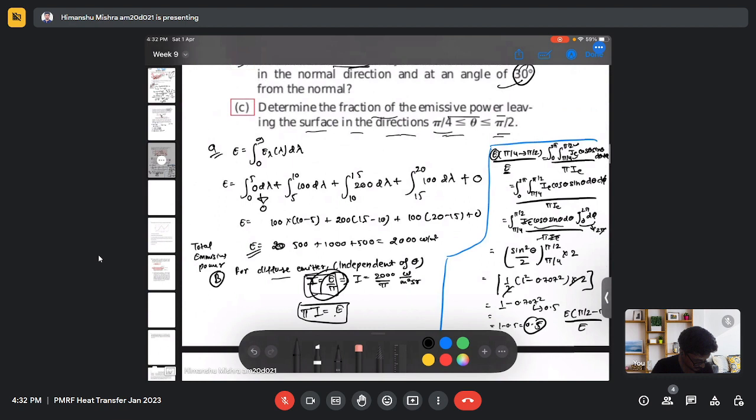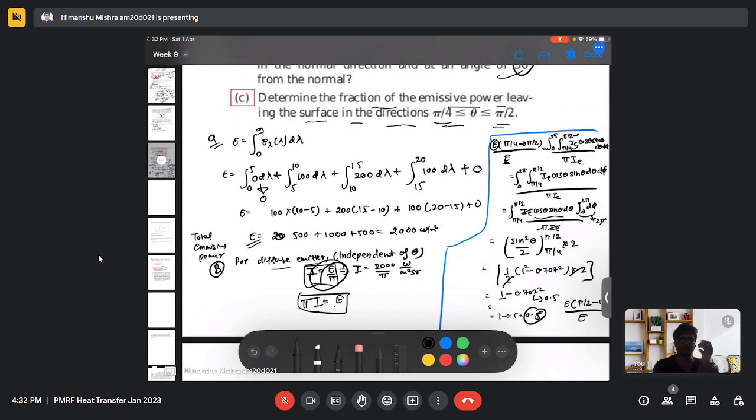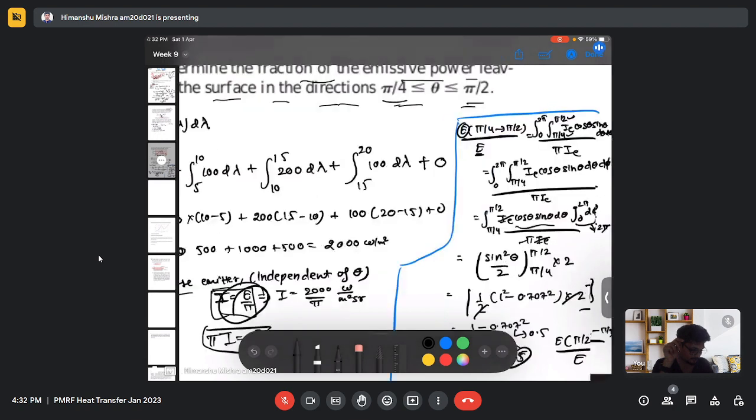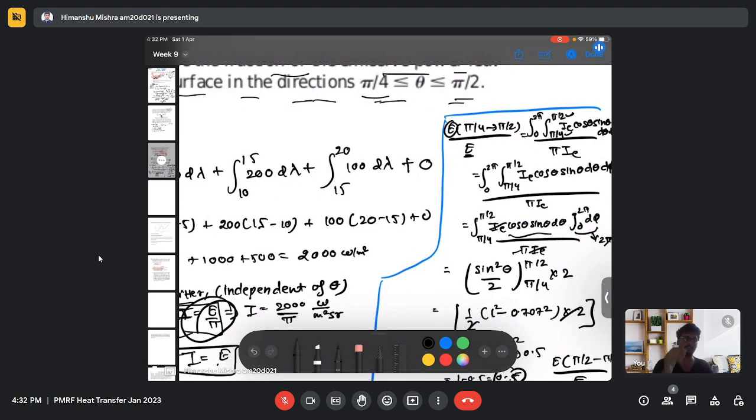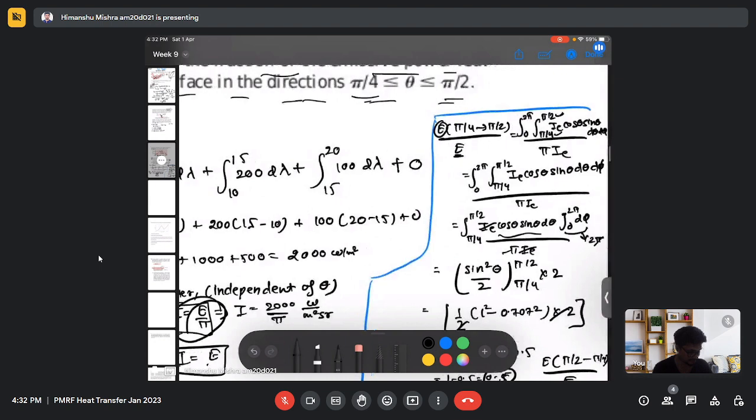And then we are asked to find the power in some specific direction, and we need to find the fraction of it. That means we have to divide the power in the specific range by the total power. So for that we integrate it.